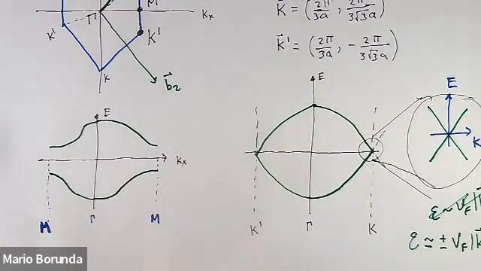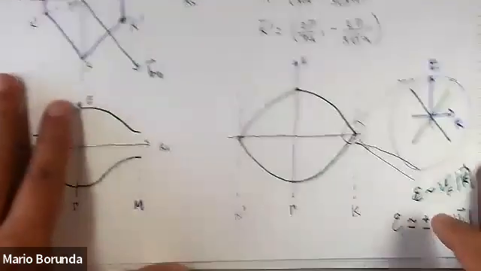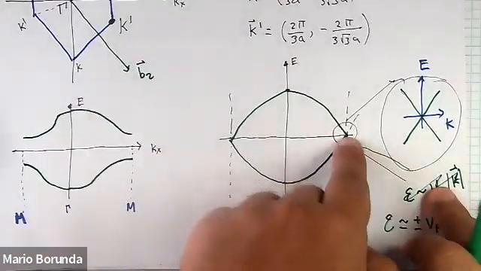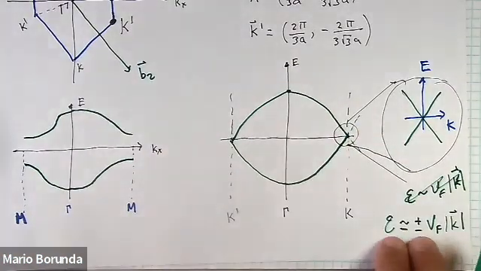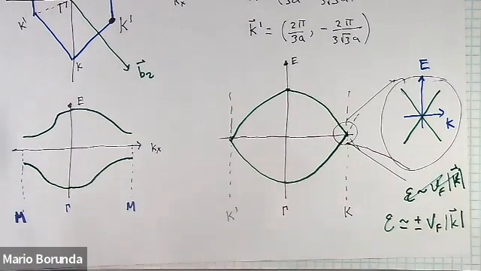But it turns out that this right here is where electrons like to live when you have graphene. And the energy of the electrons is linear with the momentum of the vectors. Does that make sense? Why is this important?